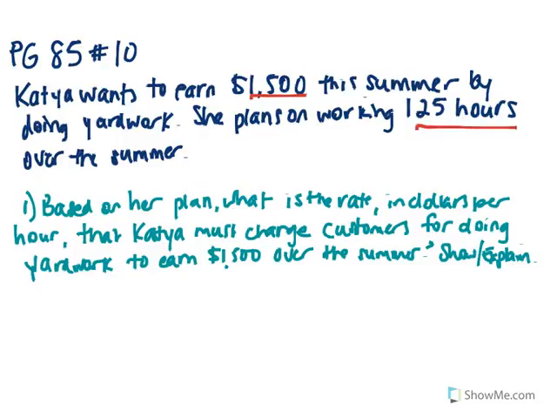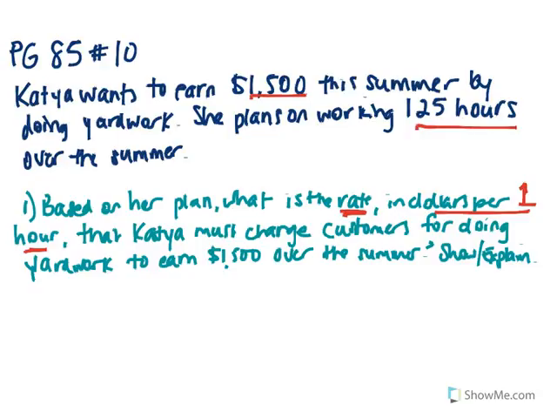Based on her plan, what is the rate? They're asking us for the rate in dollars per 1 hour. How many dollars per 1 hour that Katya must charge customers for doing yard work to earn $1,500 over the summer?